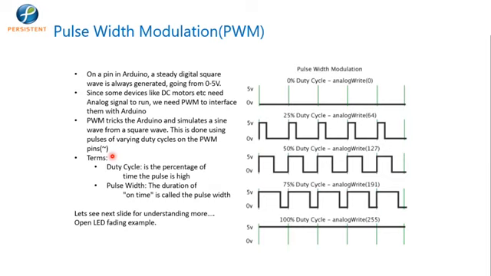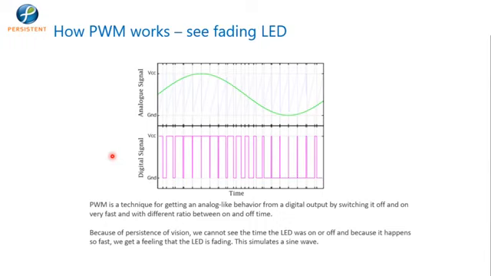So now let us see how LED fading works. PWM is a technique for getting an analog-like behavior from a digital output by switching it off and on very fast and with a different ratio between the on and off time. Because of the persistence of vision, we cannot see the time the LED was on or off.